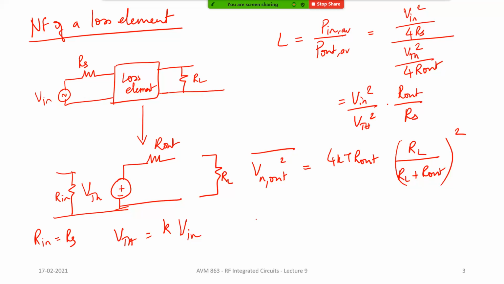Now what is the overall gain here? A naught, the overall voltage gain, can be written as VTH by Vin into RL divided by RL plus R out. That's the only thing. VTH will take care of all the other effects, so in this case we just assume that it's taking care of the entire thing.